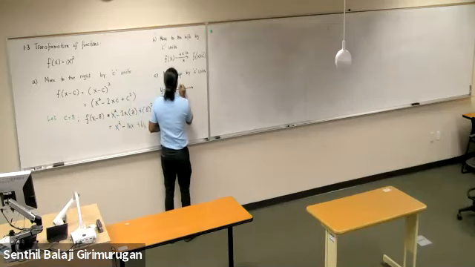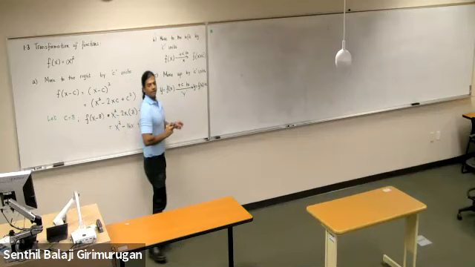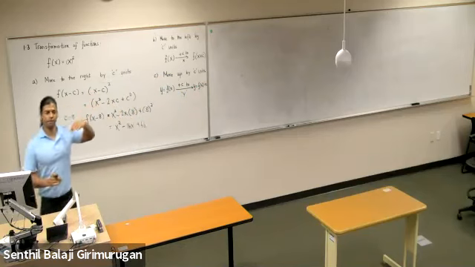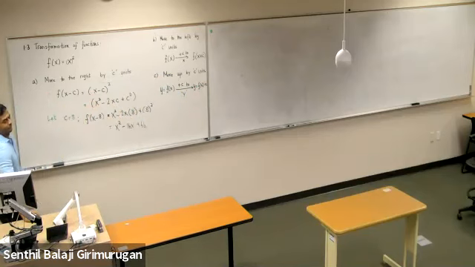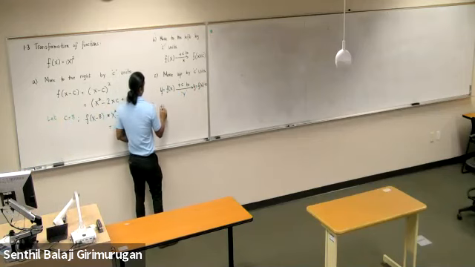So add c to y, only on the right hand side. And that would move the curve up by c units. In a similar manner, if you want to move down, what would we do?